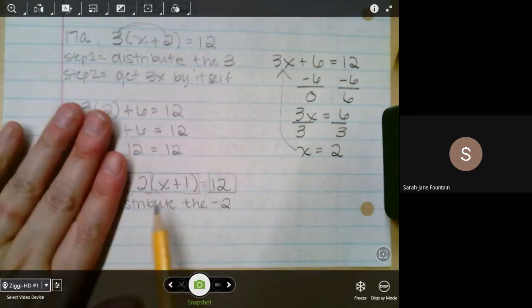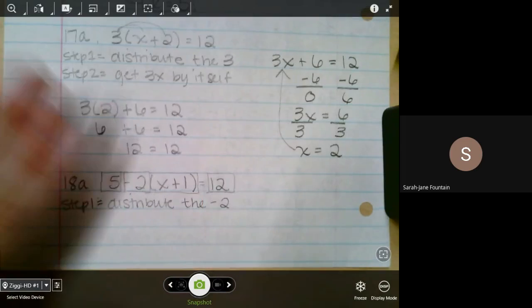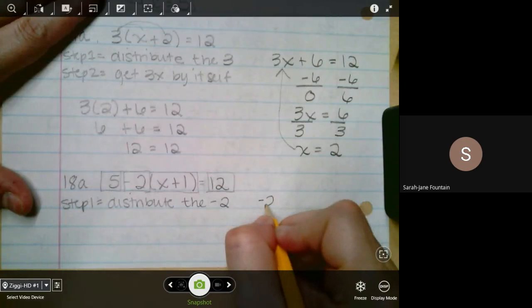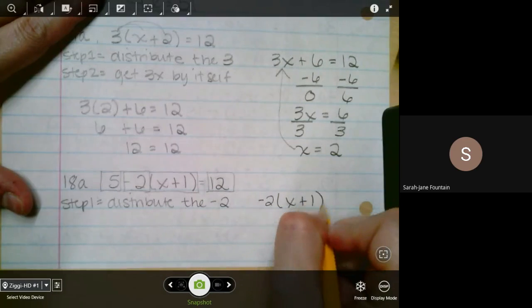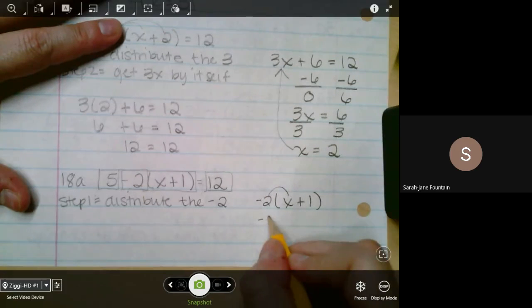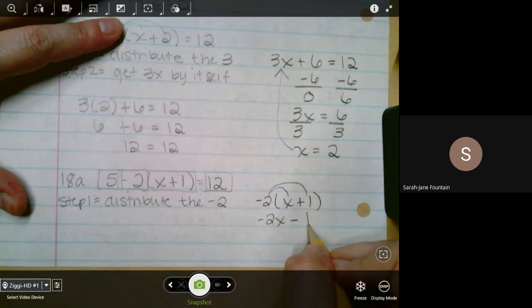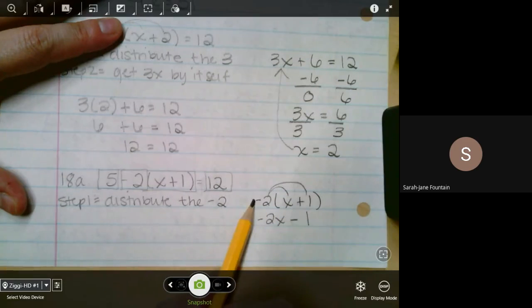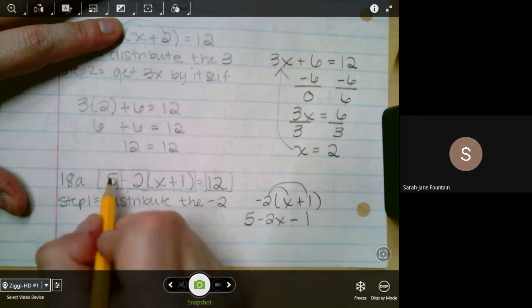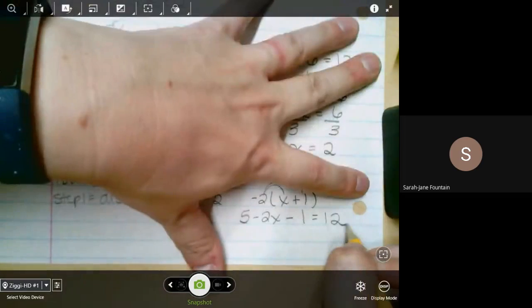I'm going to pretend like none of that exists, and I'm just going to do negative 2 times x plus 1. Now I want to distribute: negative 2x minus 1, because a positive and a negative always equal a negative. Now I can plug the rest of it back in. I can plug 5 in, and I can put 12.